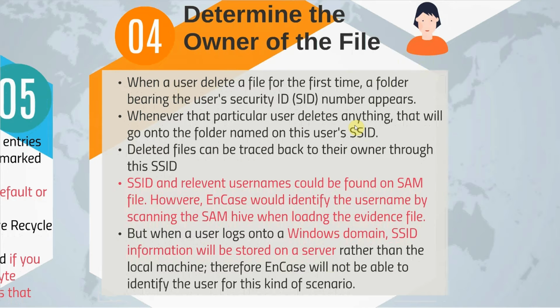A detailed entry is created there, which says, hey, I'm in the recycle bin, my file name is this, what time this file was deleted, and a couple of pieces of information like that. Within the recycle bin, you will have an individual folder for each user. So when I delete something, that will definitely go in my recycle bin rather than someone else's, who could be another user on the same system.